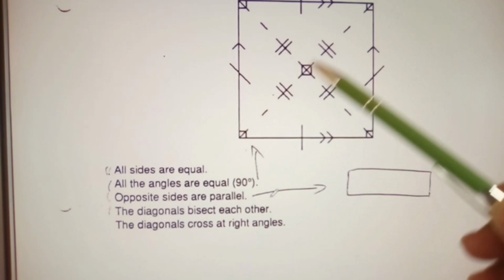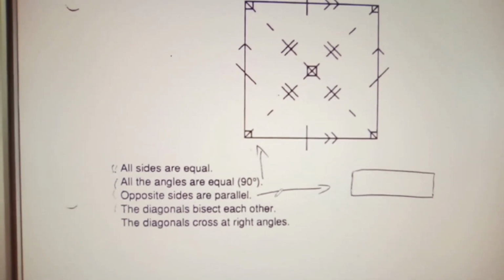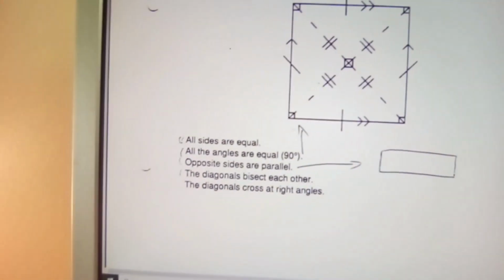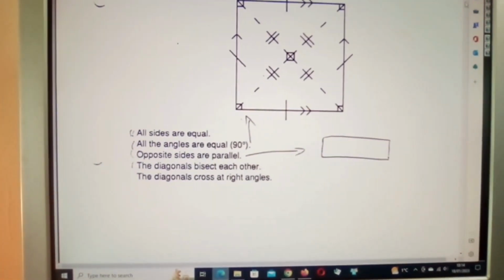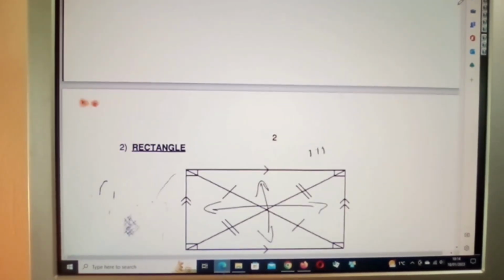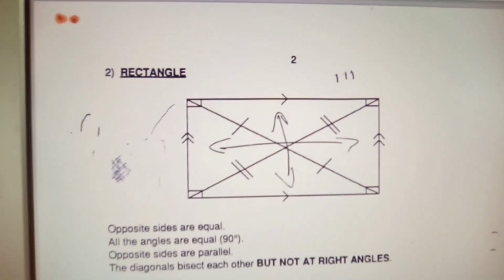And these would be your diagonals going across. Step back a little bit to make sure we can get this in full view. And here we are. Now let's look at a rectangle.